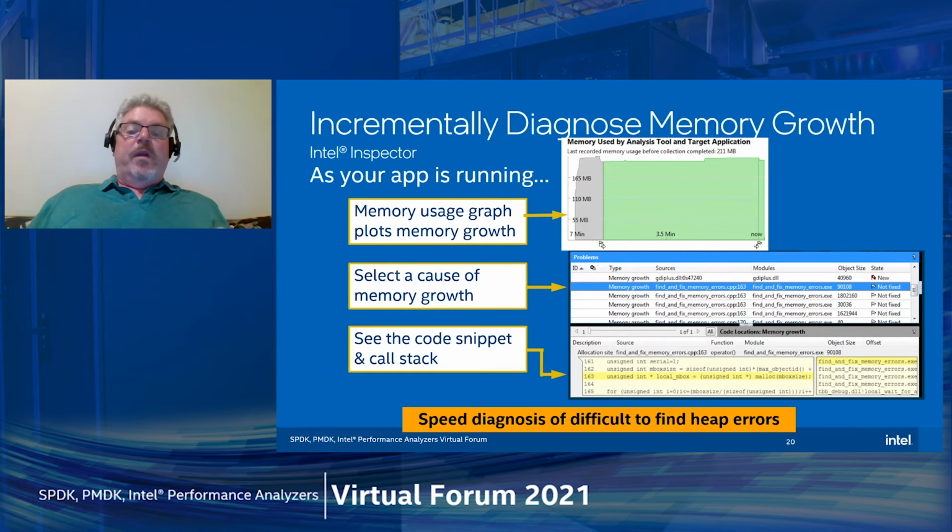So what you can do is you basically can set points in your program and measure how much memory is growing between point A and point B. And by selecting that problem, you can actually see what allocation is causing the memory to grow. A lot of times it's not easy to see. It's not easy to determine why am I using so much memory in my application. It's usually because you're not freeing it when you probably should be freeing it.